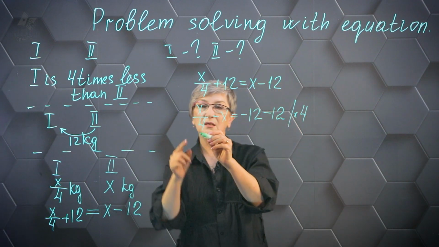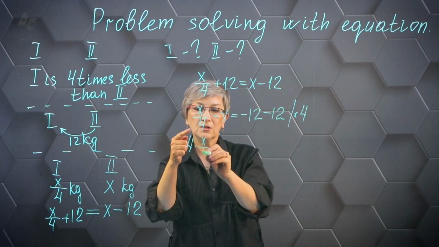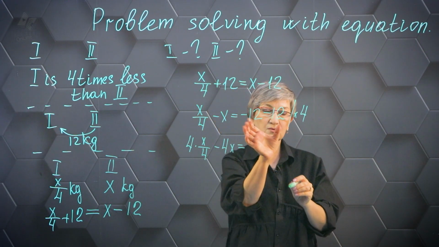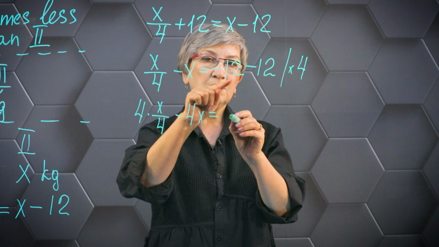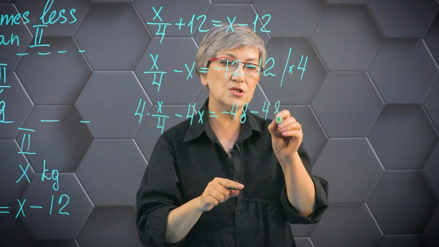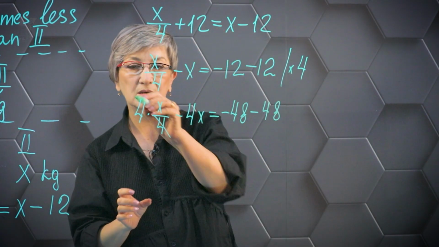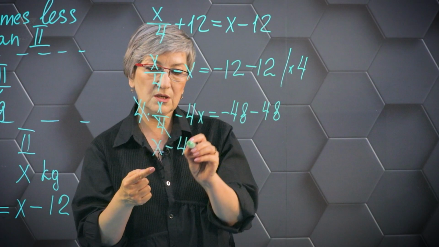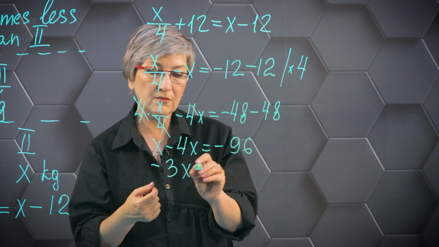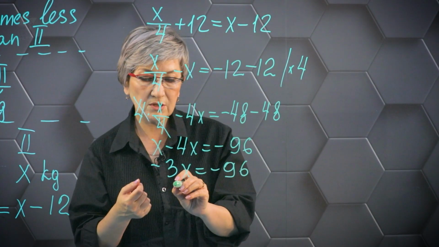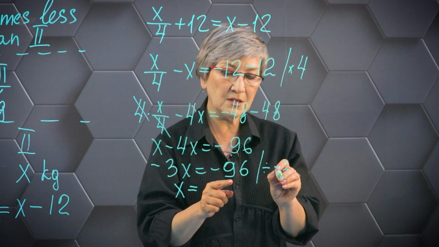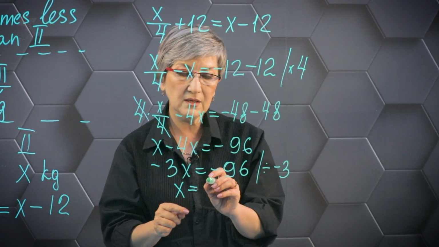We get 4 times X divided by 4 minus 4 times X equals, don't forget, we multiply the right side too: minus 12 times 4, that's minus 48, and again 12 times 4, also 48. The result is X minus 4X equals minus 96, and then minus 3X equals minus 96. So X equals minus 96 divided by minus 3. Then X equals 32.